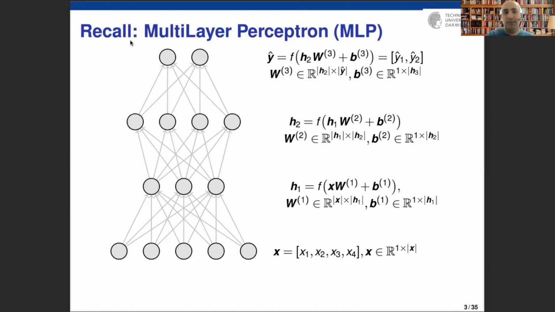And then we usually use some activation function like F to add some nonlinearity to our neural model, right? So the output of this activation function is the vector representation of the input at hidden layer 1.